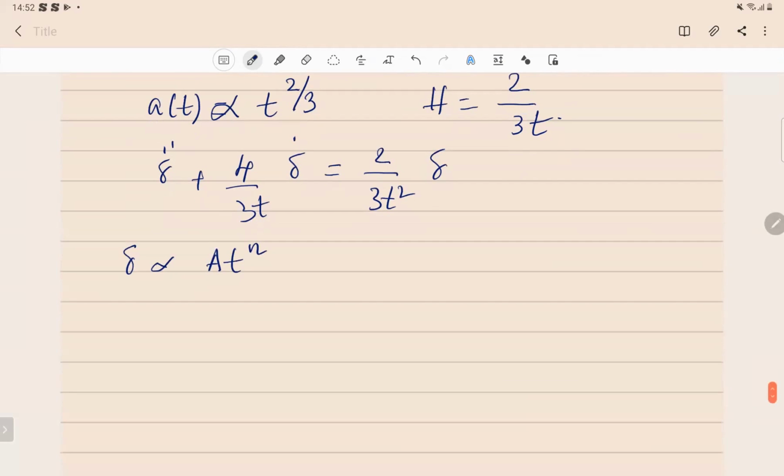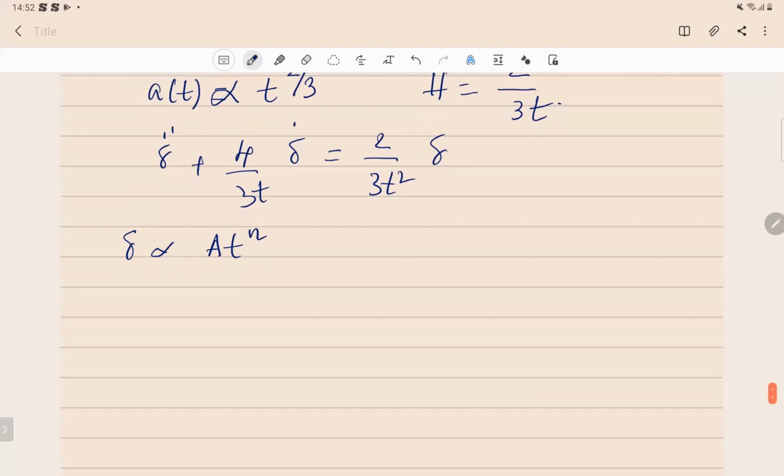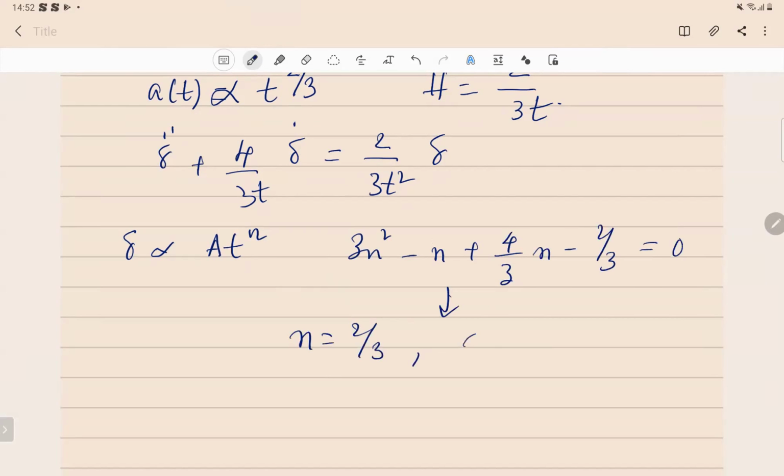If you substitute, you will get a quadratic equation in n. I'll not do the algebra, it's very simple. So you will get 3n square minus n plus 4/3 n minus 2/3 equals 0. When you solve it, you get two values, n equals 2/3 and n equals -1.